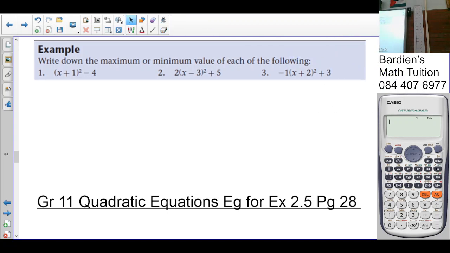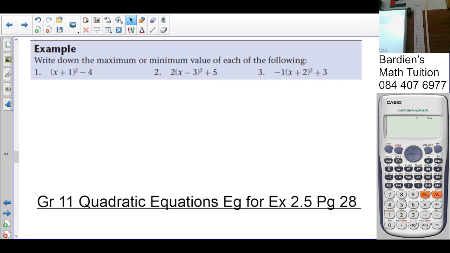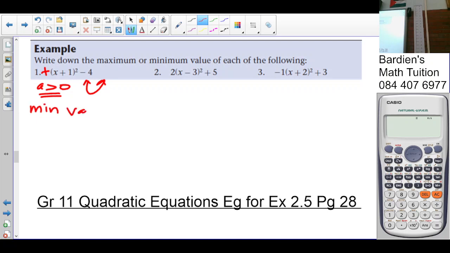Alright, this is: write down the maximum or minimum value of each of the following. So if you look at this here, does this graph have a positive a value or negative? Positive. So since a is greater than 0, the graph will be smiling. So we say the graph will have a minimum value.